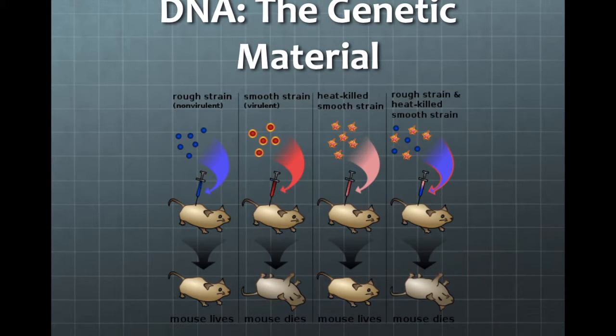And if we combine the rough strain and the heat-killed smooth strain, the mouse dies. That brought up an interesting question: if the heat-killed smooth strain alone didn't kill the mouse, why did it kill the mouse when combined with the rough strain?